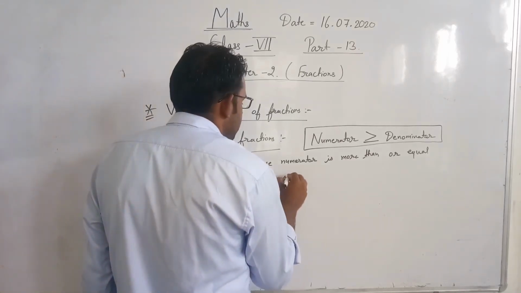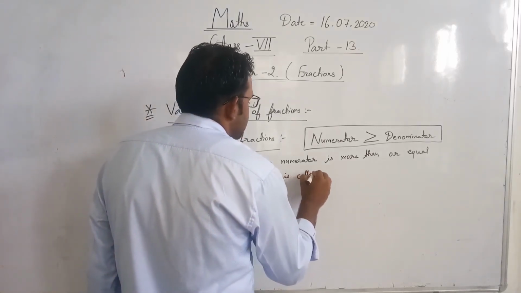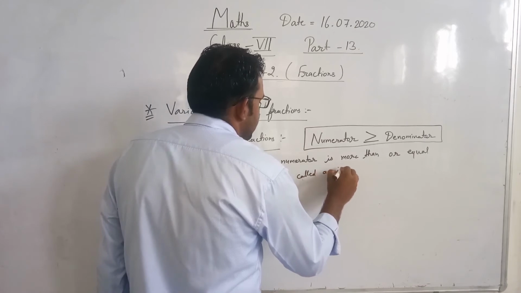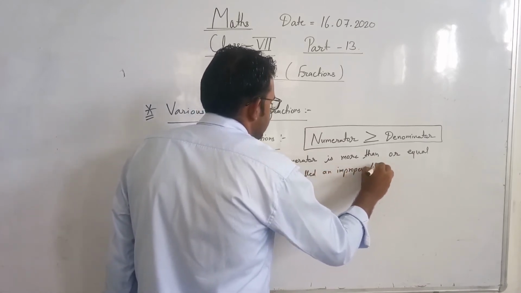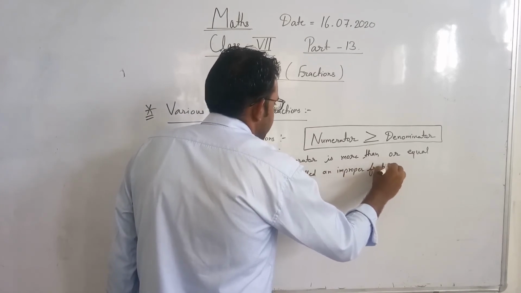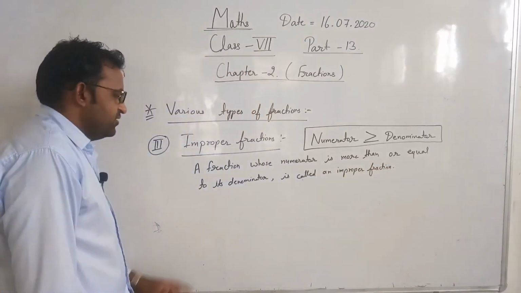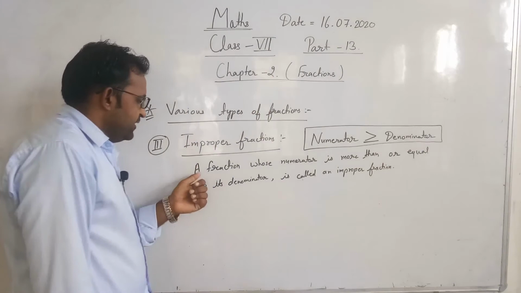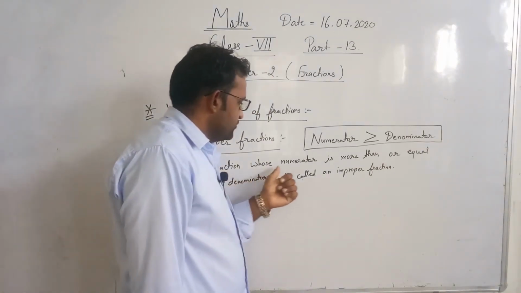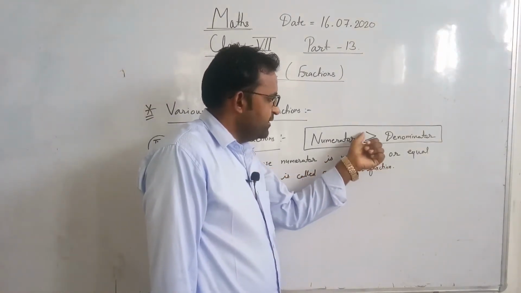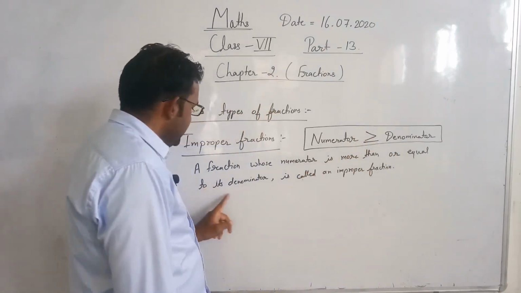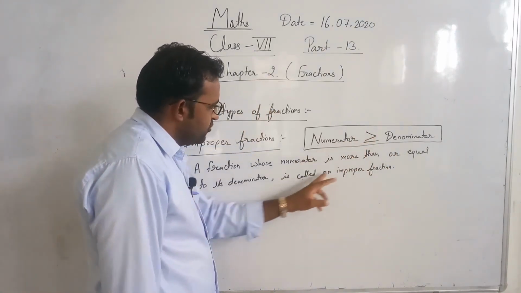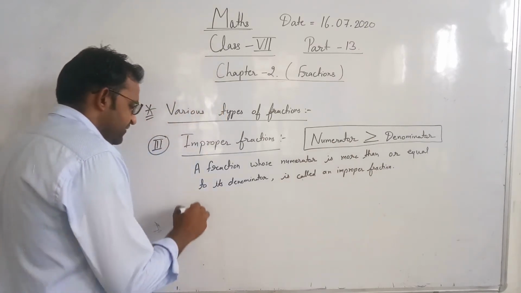So student, in an improper fraction, the numerator is greater than or equal to its denominator. In the definition, a fraction whose numerator is more than or equal to its denominator is called an improper fraction. Okay student, improper fraction: a fraction whose numerator is more than or equal to its denominator is called an improper fraction.